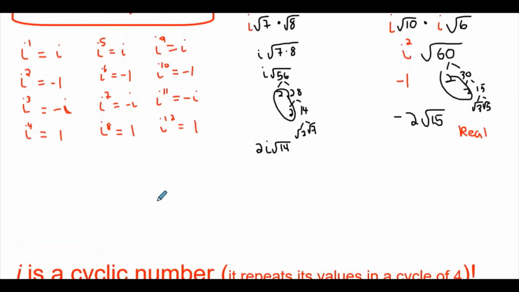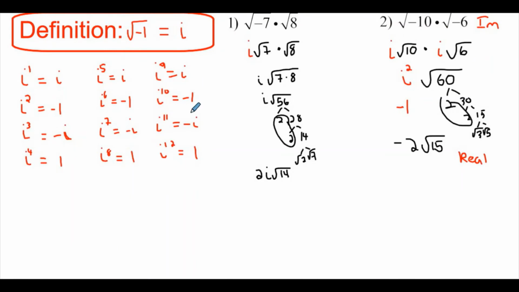So I'll give you an example of that. Let's just pick any one in this set. So 12, 13, 14, 15. So let's say I had i to the 15th power. Okay, and so we already know the answer because we can see it in our little setup here. It's going to be -i. But because there are 4 different combinations, we're going to divide 4 into 15, because there are 4 combinations, and we're looking for the 15th.